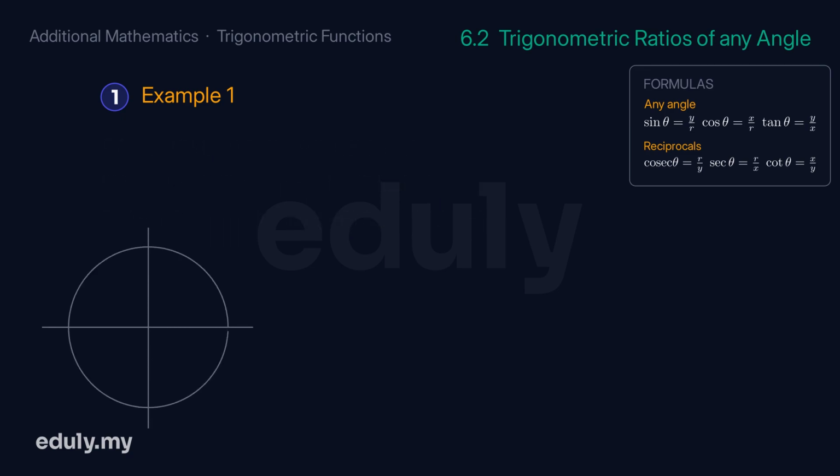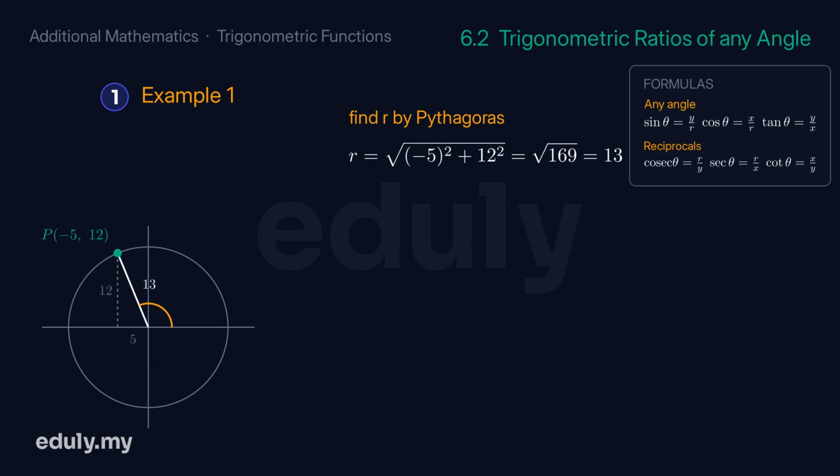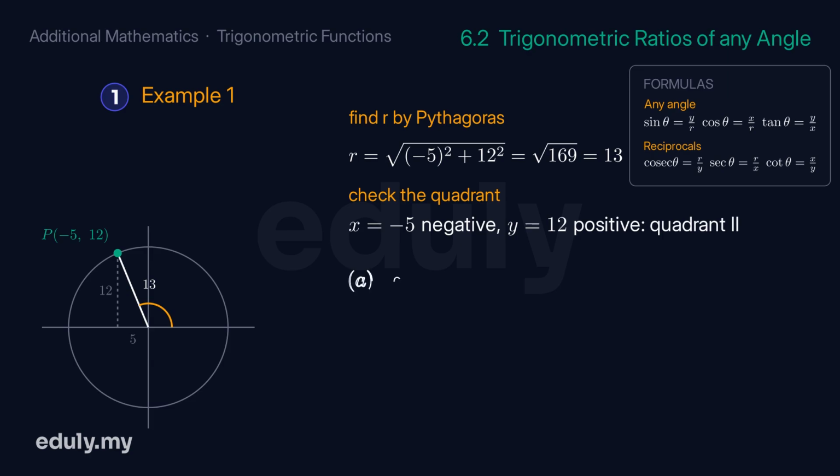Sketch first. P top left, theta swept past 90. Find r. Legs 5 and 12, root 169, 13. Step 2, pin the quadrant. X negative, y positive, quadrant 2. Part A, straight off the picture.